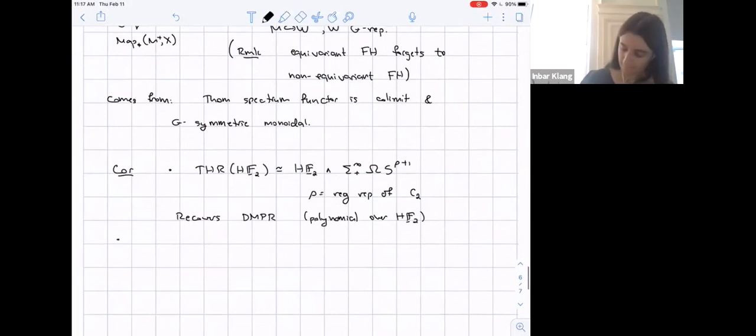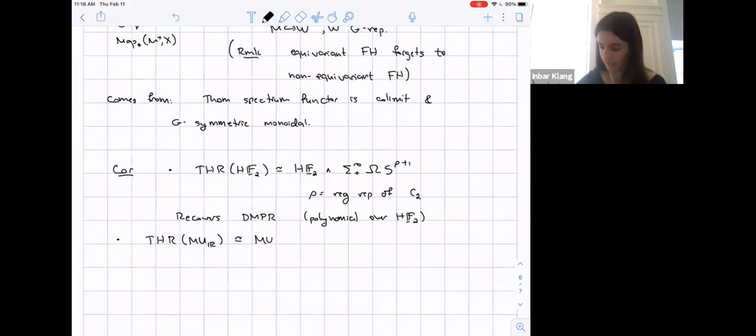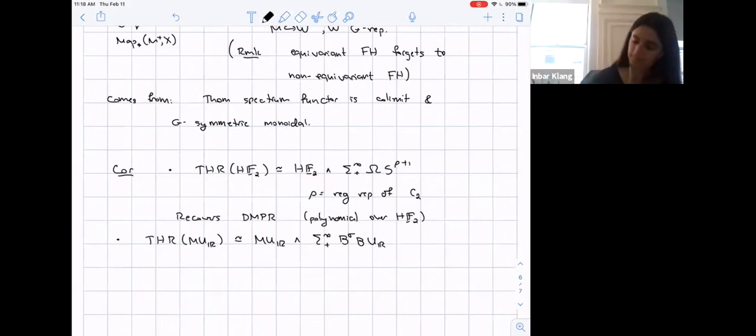Okay. We can also find the real topological Hochschild homology of MU_R, and this is going to be MU_R smashed with the suspension spectrum of BσBU_R.